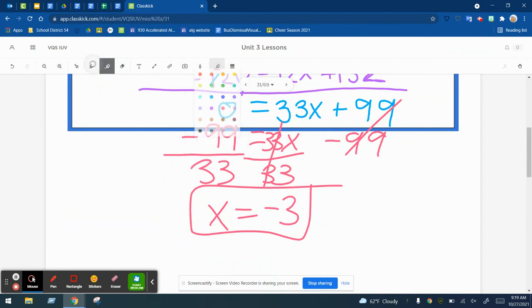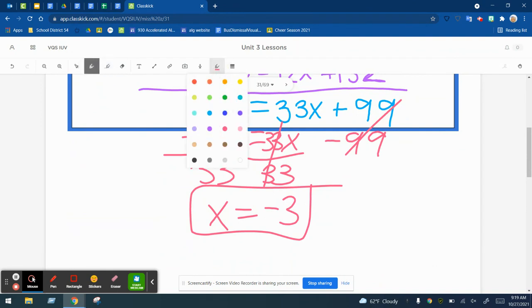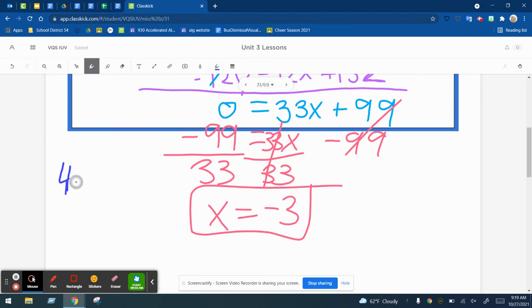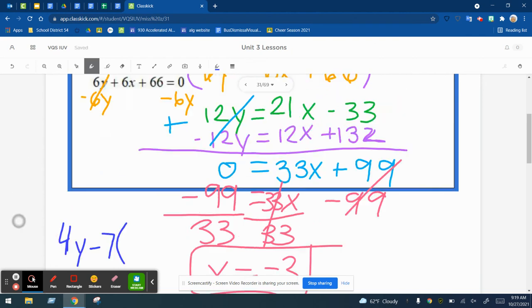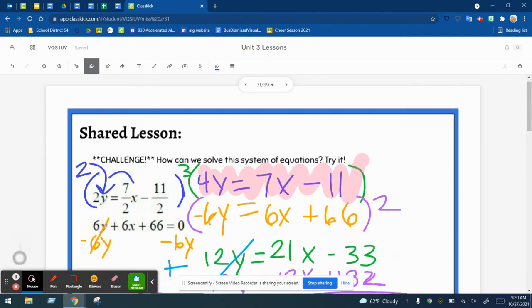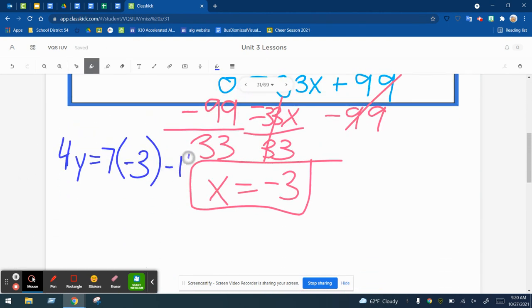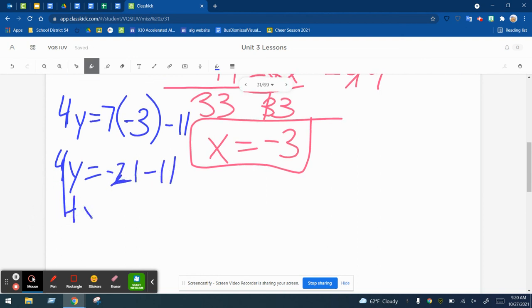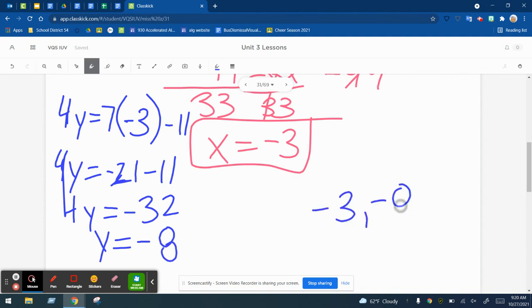So we're going to go ahead, rewrite this. 4y equals 7 times negative 3 minus 11. 4y equals negative 21 minus 11. 4y equals negative 32, y equals negative 8. Final answer, negative 3, negative 8.